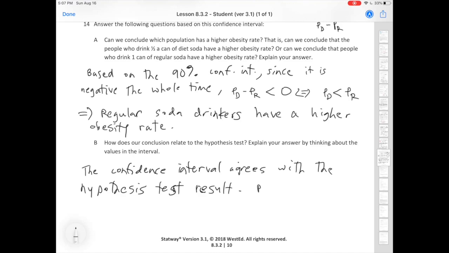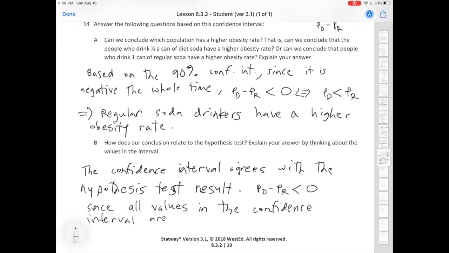Right? PD minus PR is negative since all values in the confidence interval are negative. So this means that PD is less than PR.